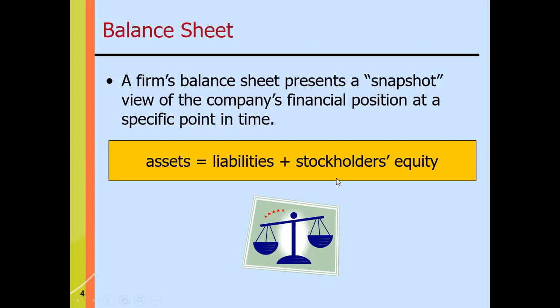Then another one is financial structure, which is what I said a while ago, that we can analyze what percent of assets come from the creditors and what percent come from the owners or the investors or stockholders or shareholders. And finally, there is capacity for adaptation or financial flexibility.